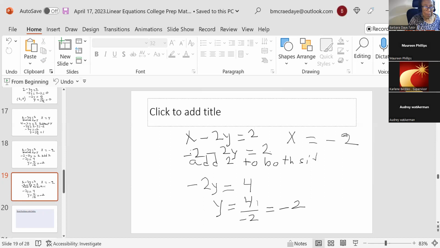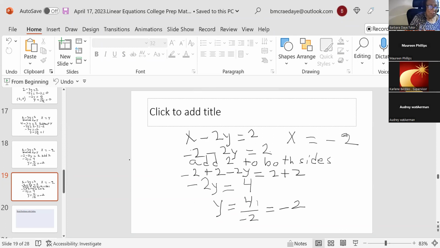So that's -2, add the 2, plus 2, minus 2y equal 2 plus 2, right? Now, a -2 and a +2, Audrey, is 0, right? So I'm left with a -2y on the left, and 2 plus 2 is 4.